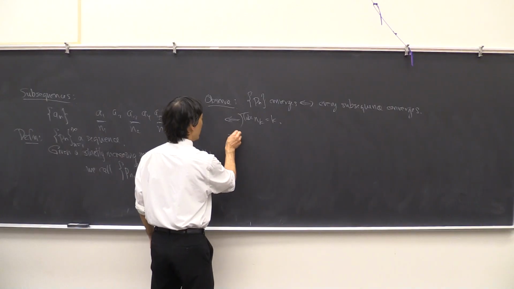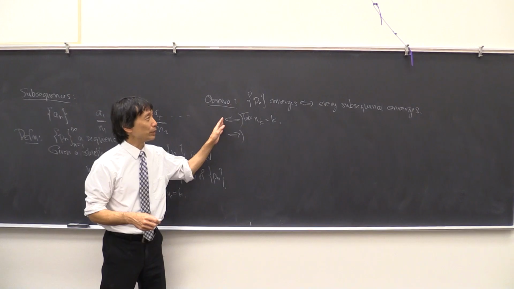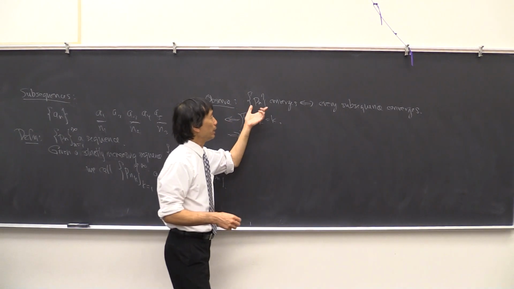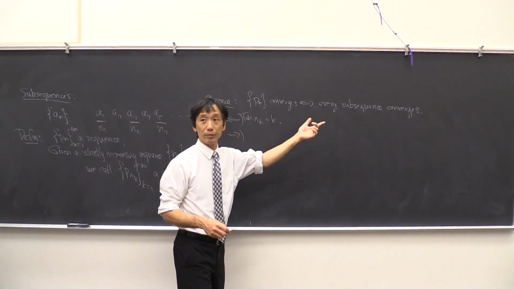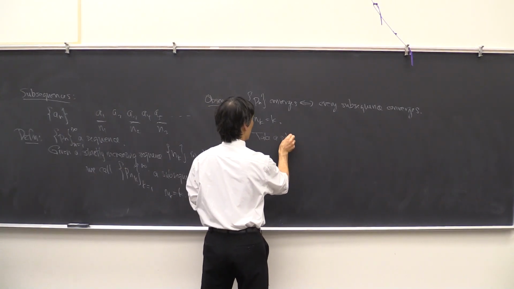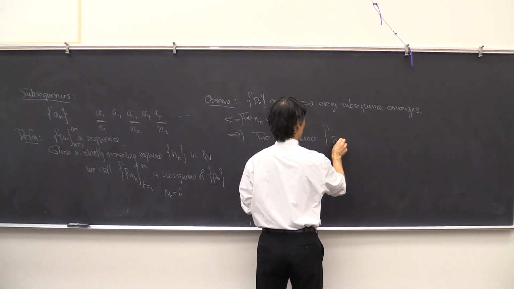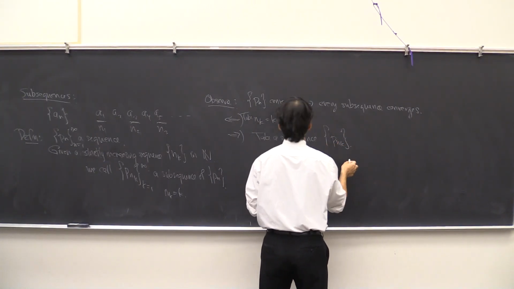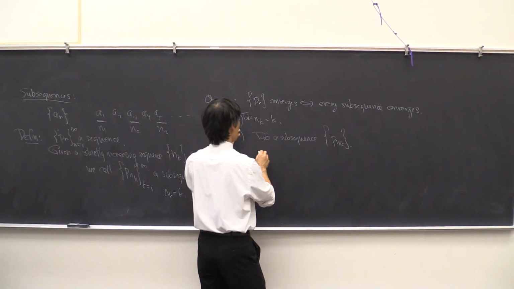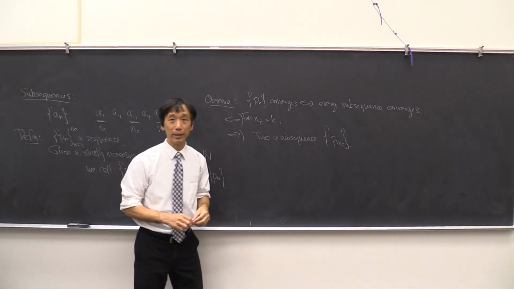Now let me ask you to remind yourselves of what convergence means and to write it down properly. How do you show that if the sequence converges, then every subsequence converges? Take a subsequence P sub n sub k, and prove that since P sub n converges, the other one converges.